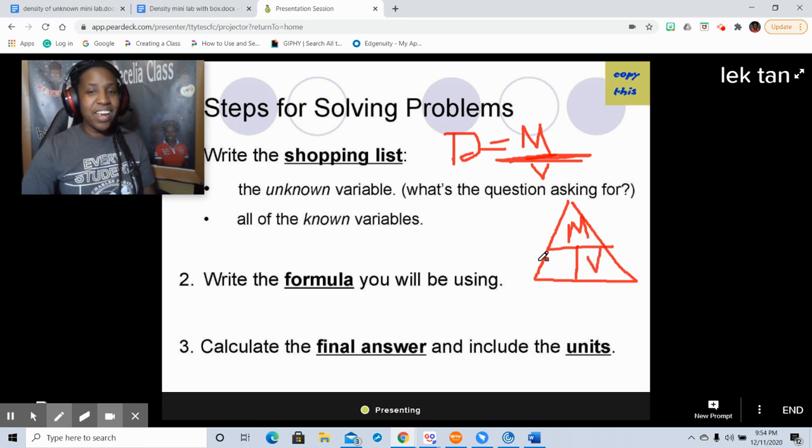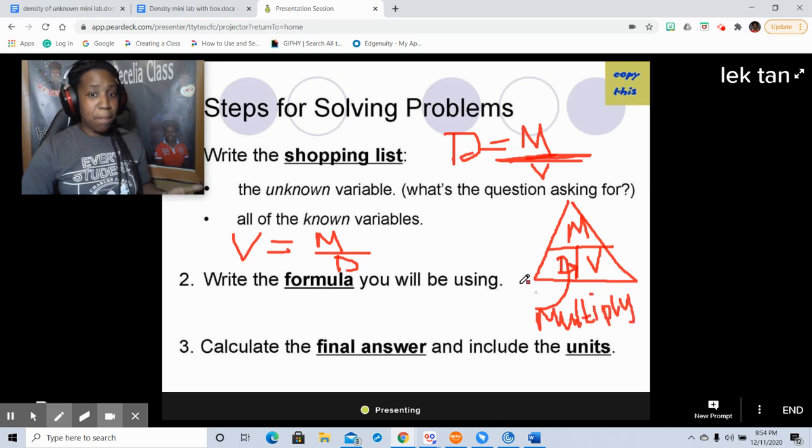Yes, we will put the V here and then the D. The way that this triangle works is if D is the unknown and I cover this up, notice I'm left with an M over a V. If V is the unknown, that means that volume equals mass over density. And then this line right here means to multiply. So if I'm looking for mass, mass equals density times volume. So let's practice, class. All right.